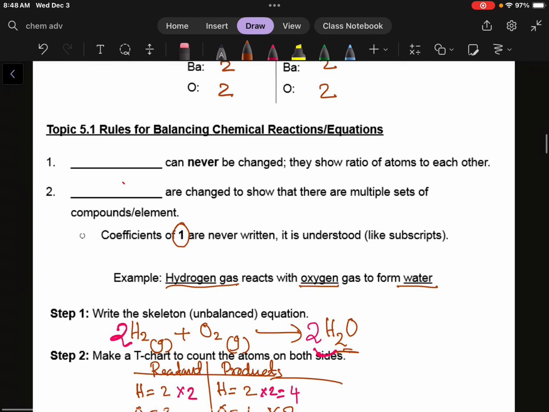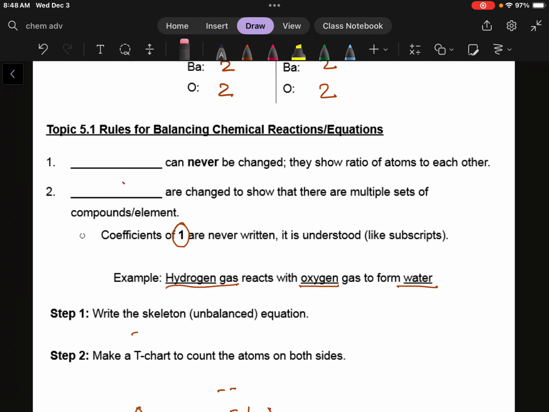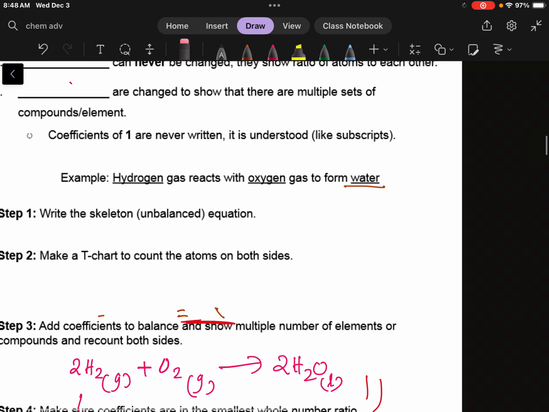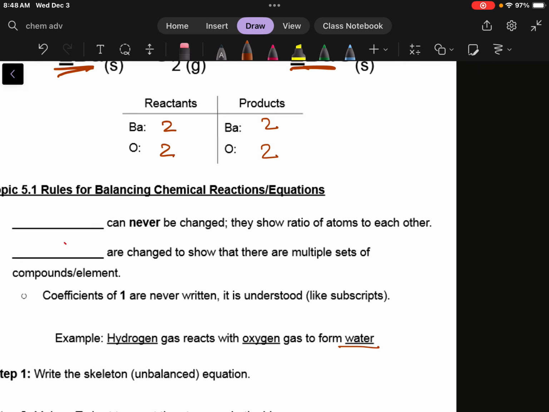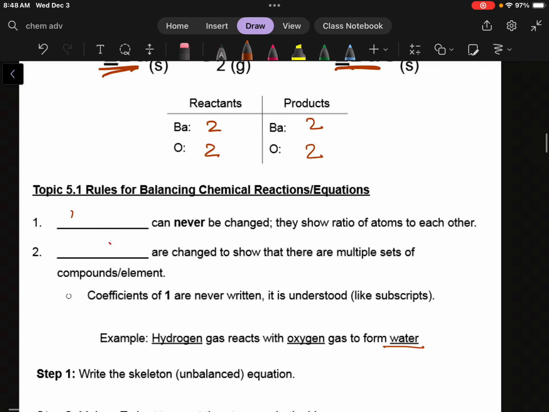Okay, so the rules about balancing: we will never change what? Subscripts.